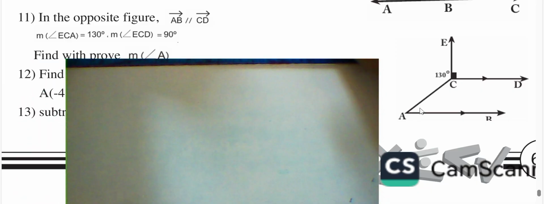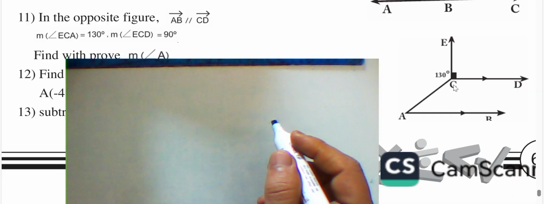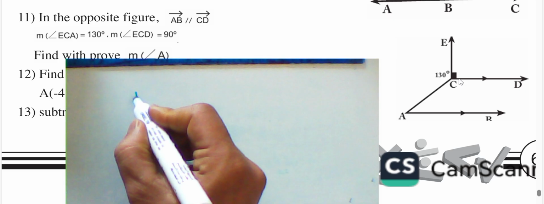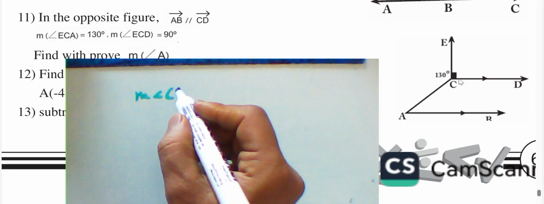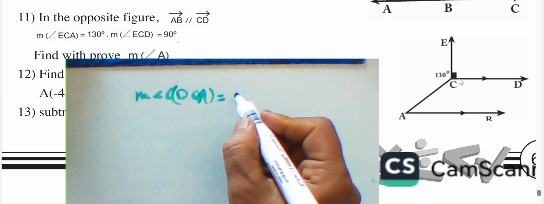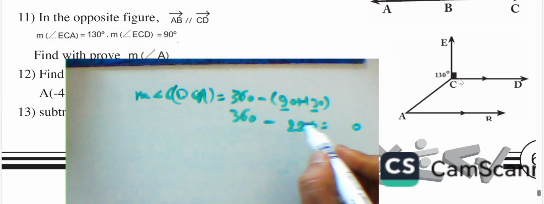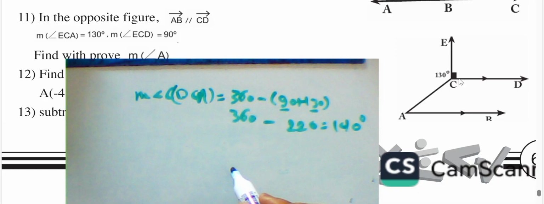Find the measure of angle A here. First step, find the measure of angle DCA. We have cumulative angles at the point C. The sum of these angles will be 360. DCA here equals 360 minus 90 plus 130. 9 plus 3 is 12, 2 and carry up 1, 1 plus 1 is 2, and then find the difference: 6 minus 2 is 4, 3 minus 2 is 1, it will be 140 degrees.